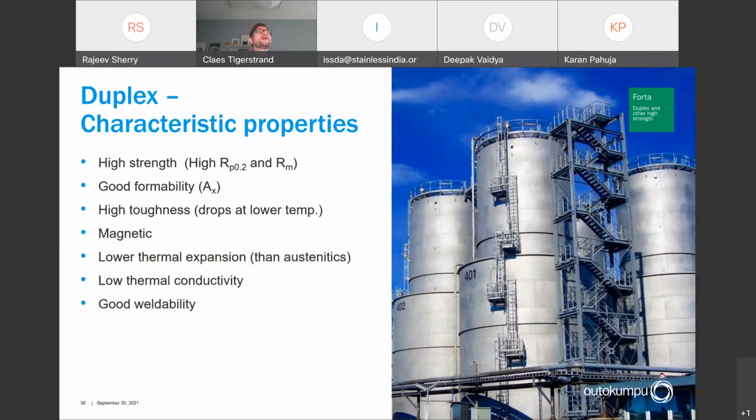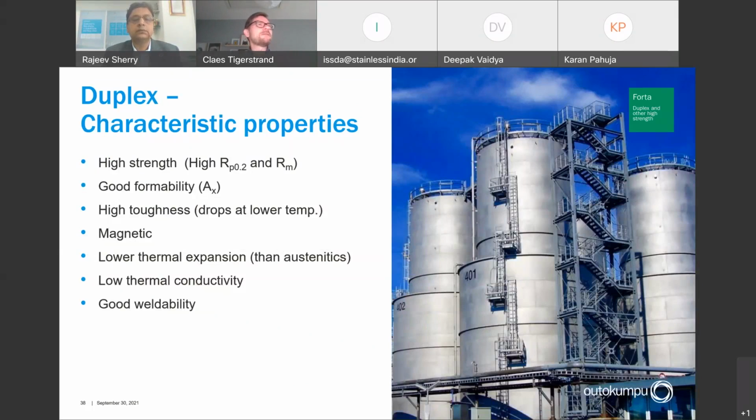So, summarizing the characteristic properties of duplex grades: high strength, that means a high Rp0.2 value and high tensile strength. You still have a good formability, not as good as the austenitic grades, but still very good, especially for this FTX 27.